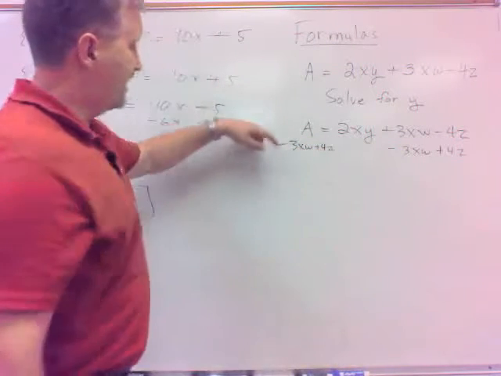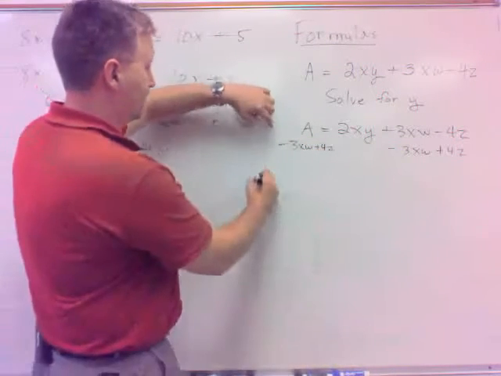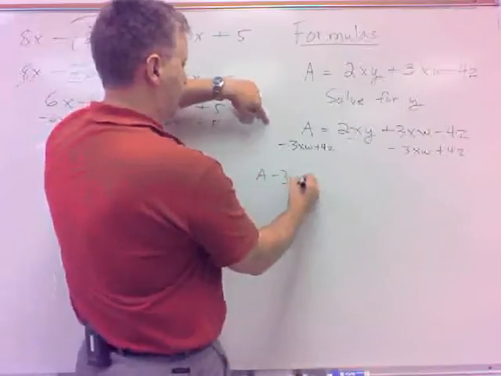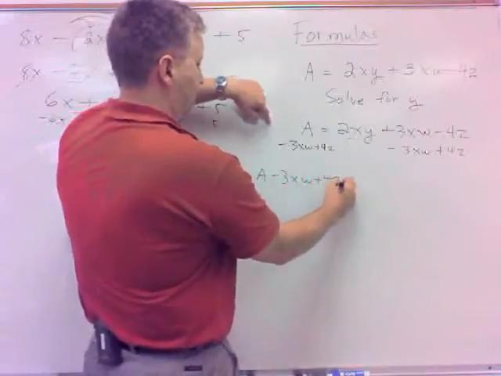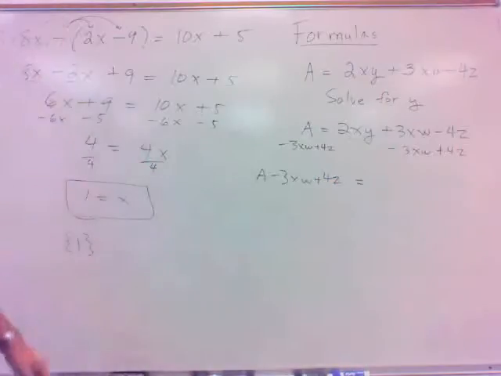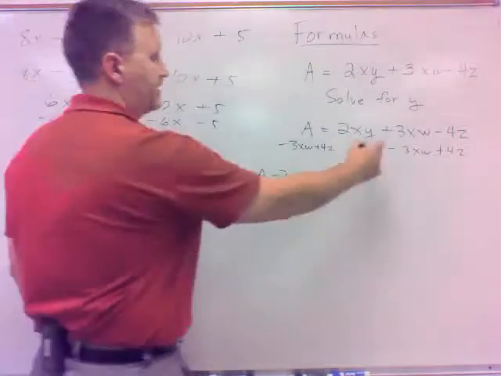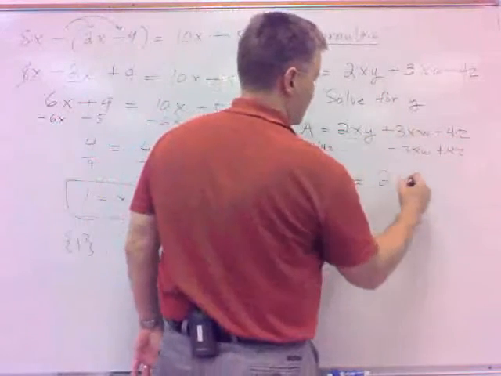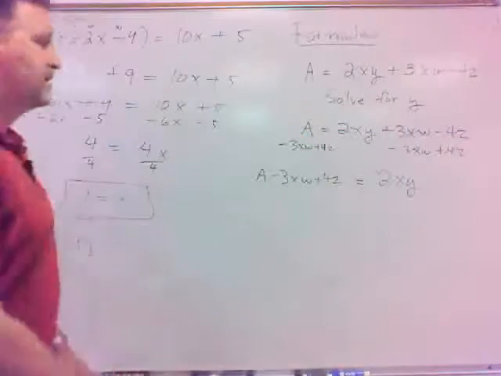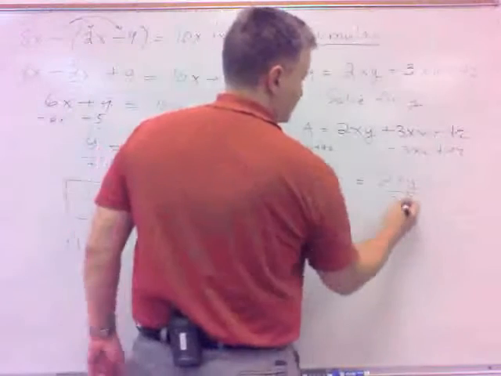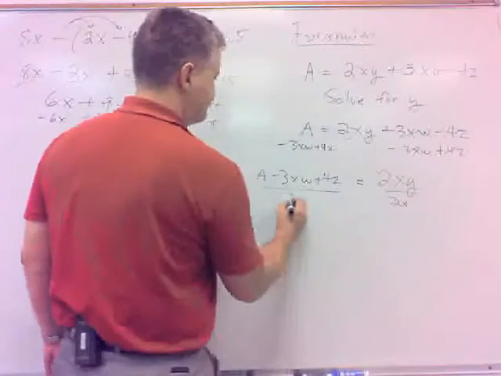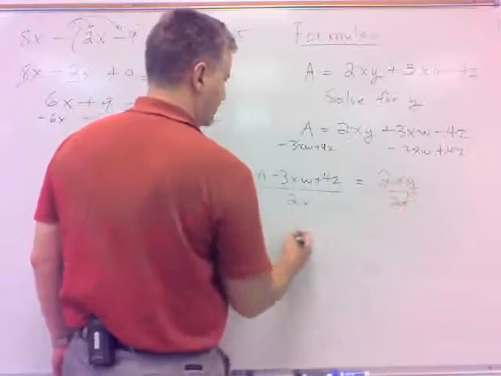Now on this side, I can't combine those, they're not like terms, so I'd just leave those as is. But this side, those go out, so that's 2xy, and then just divide off the 2x to get y by itself. Right, because that'll cancel those out.